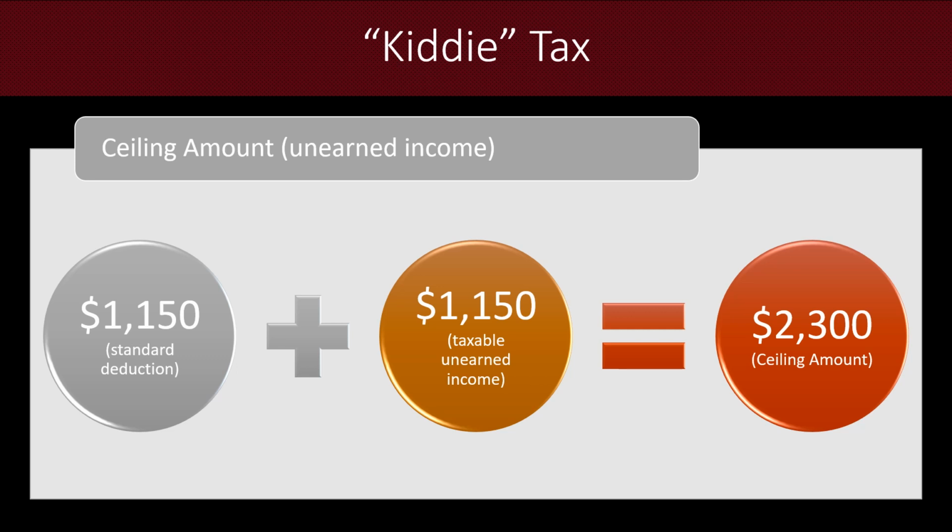As promised, here is the ceiling amount, which applies to unearned income only. First, we take the standard deduction amount and then we match it with another amount of unearned income that is taxable. Together, they make up the ceiling amount of unearned income before Kiddie Tax will apply.